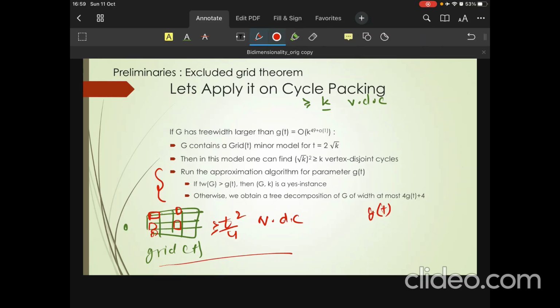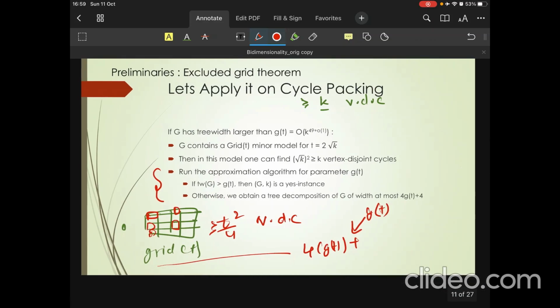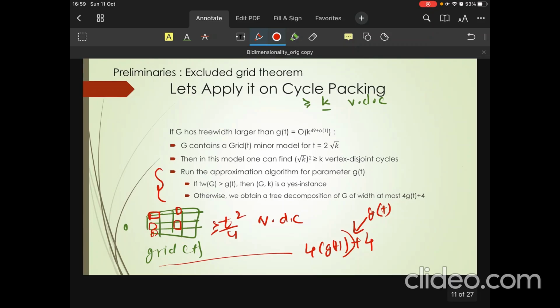This algorithm takes as input g(t), the desired tree width for our graph G, and it either gives a tree decomposition with approximated tree width, at most 4 times g(t) plus 4, or it says that its tree width is greater than g(t), which implies it will have greater than or equal to k vertex disjoint cycles, which we discussed earlier.